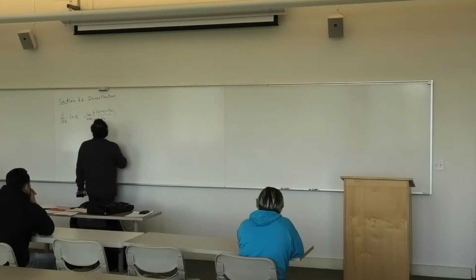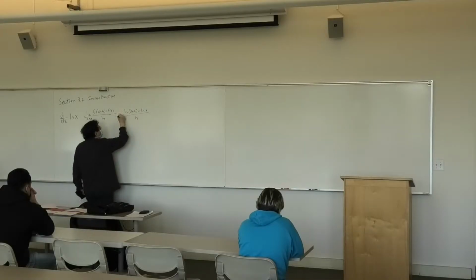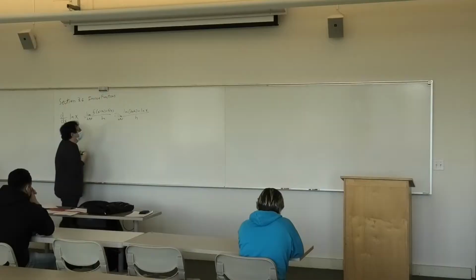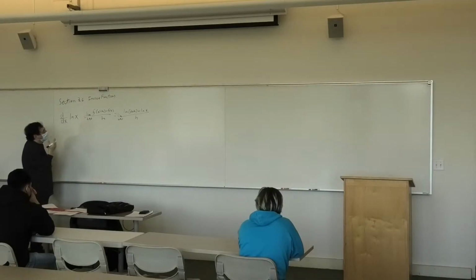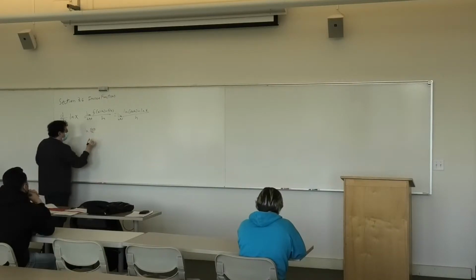And what would we get here? We get the log of x plus h, minus the log of x, over h. And we look at that and think, what can we do with that? Well, we have our laws of log, so say the limit of the log of x plus h over x, over h.